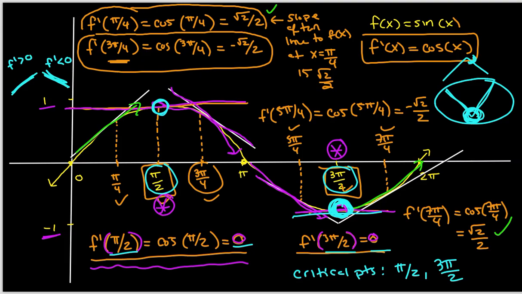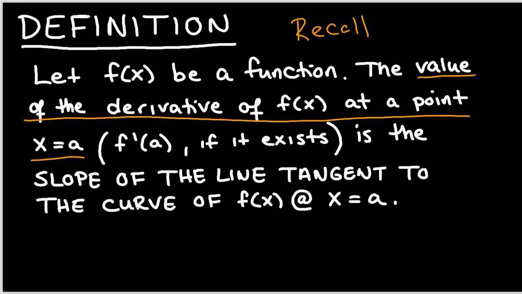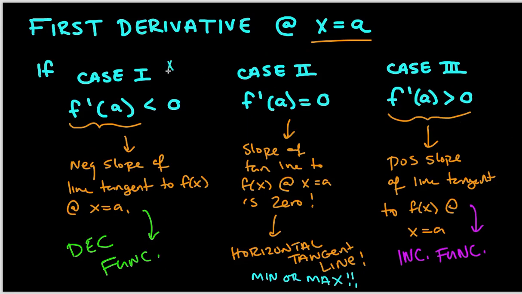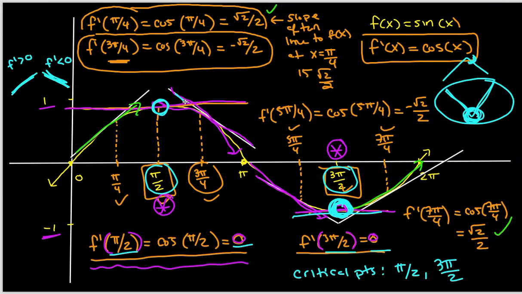So remember, the value of the derivative of f of x at a point x equals a is the slope of the line tangent to the curve f of x at x equals a. And then we know that if we have a negative derivative, then we have a negative slope of the tangent line to f of x at x equals a, and hence we have a decreasing function, right? When the slope of the tangent line is negative, the function's decreasing.